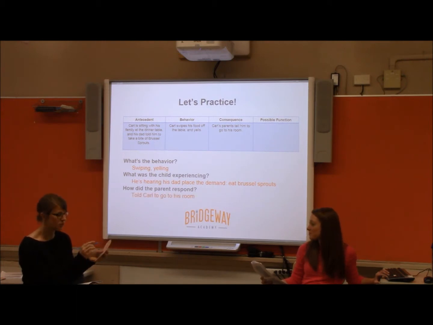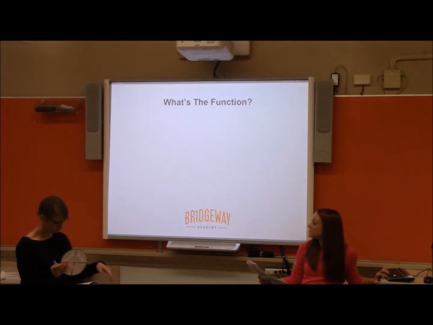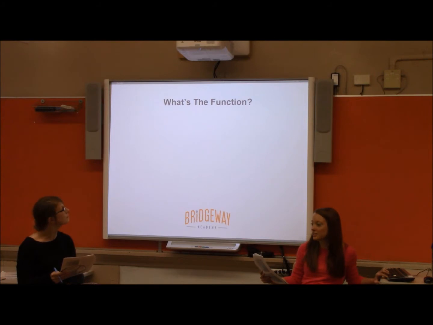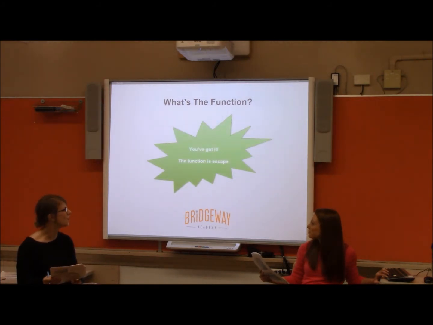So looking at the function wheel, under the escape, which is the green one, when the behavior occurs, parent allows child to leave the activity or gives them a break from that demand. So he's allowed to leave the activity of eating those Brussels sprouts. And you guys have already answered, the function is escape.